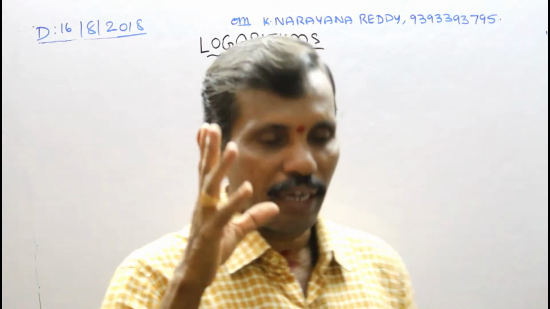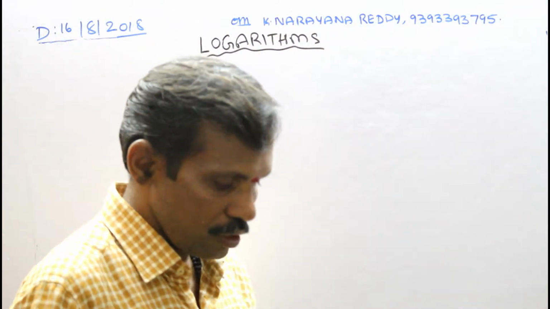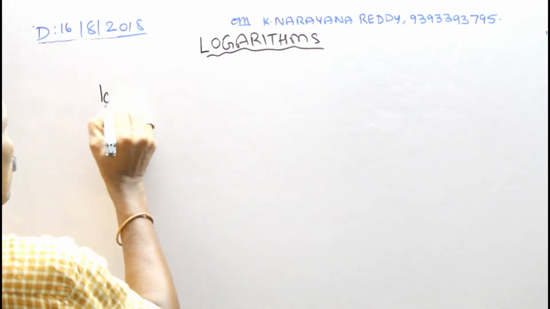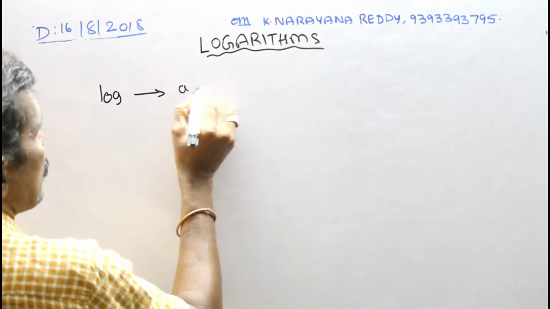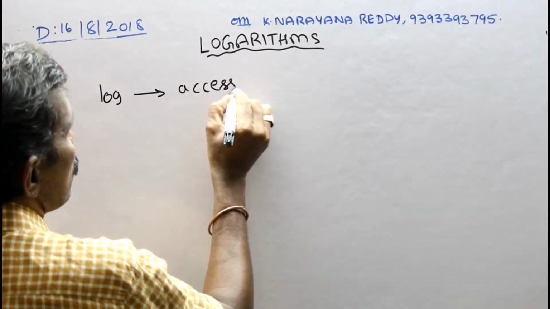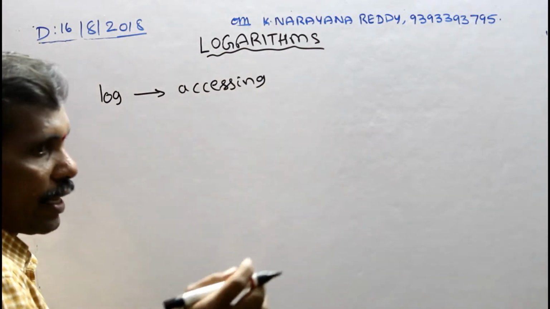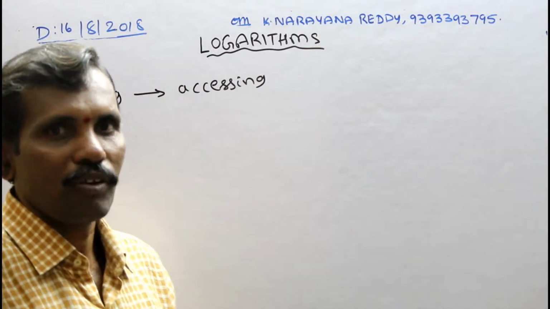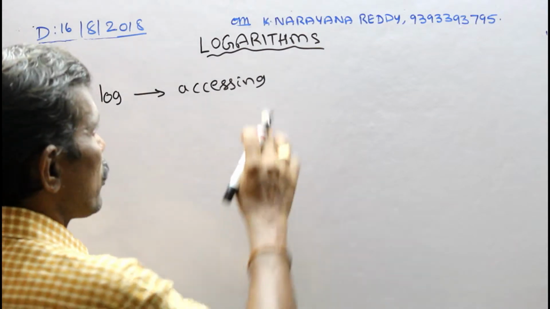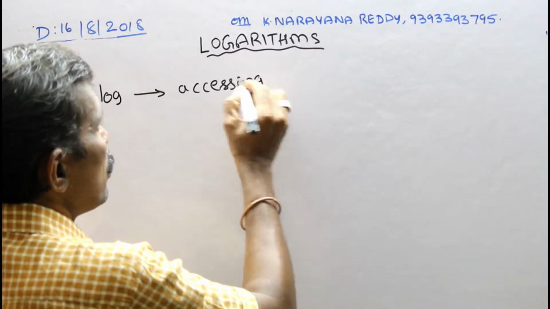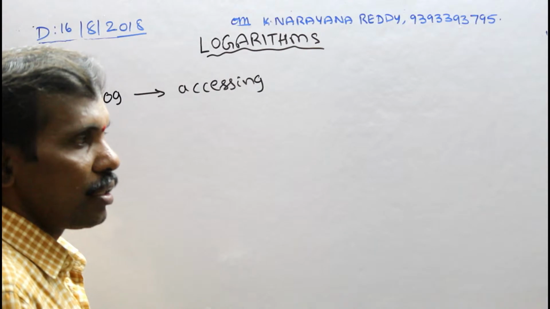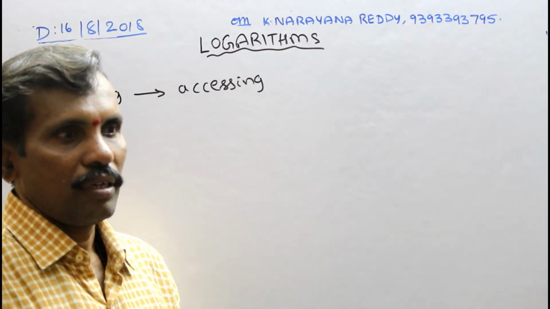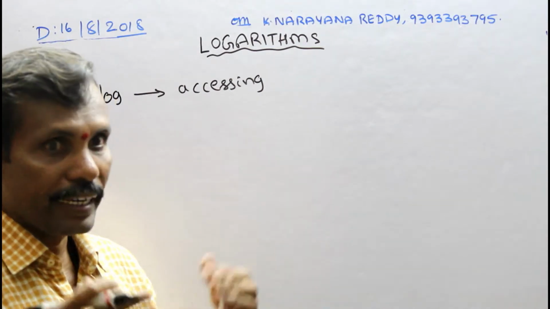What is meant by logarithm? Very important, please observe here. Log is nothing but accessing: logging, login, log out. Rhythm is nothing but a procedure, that is, maintaining order.